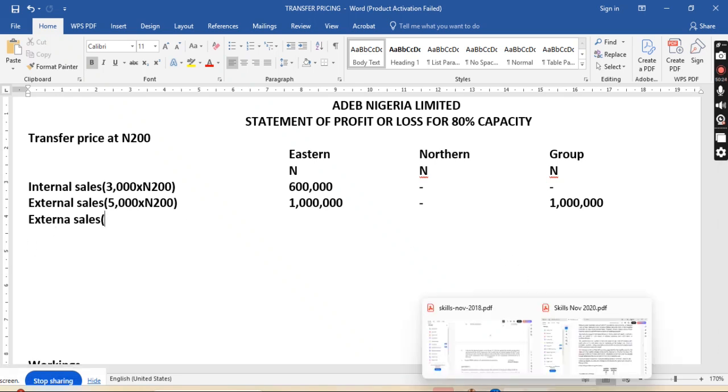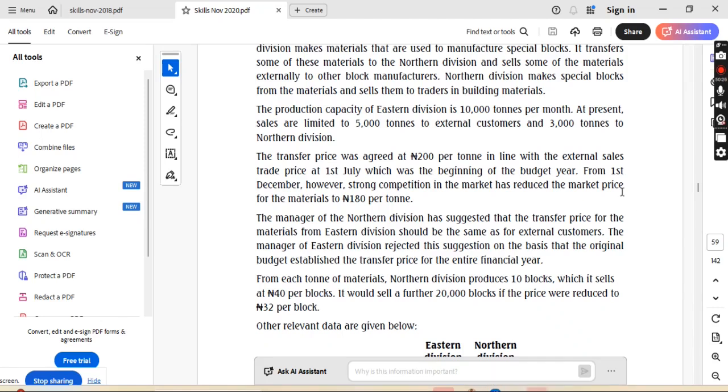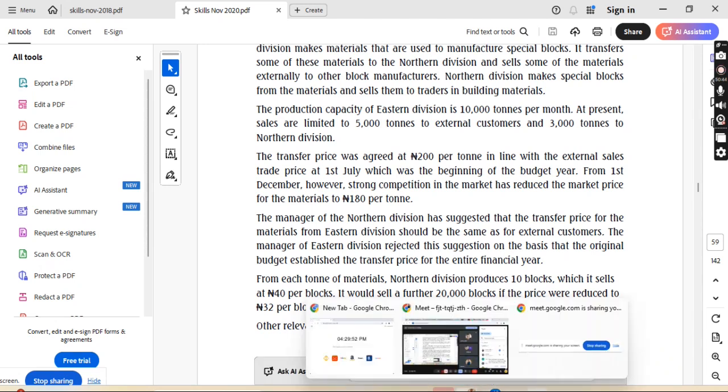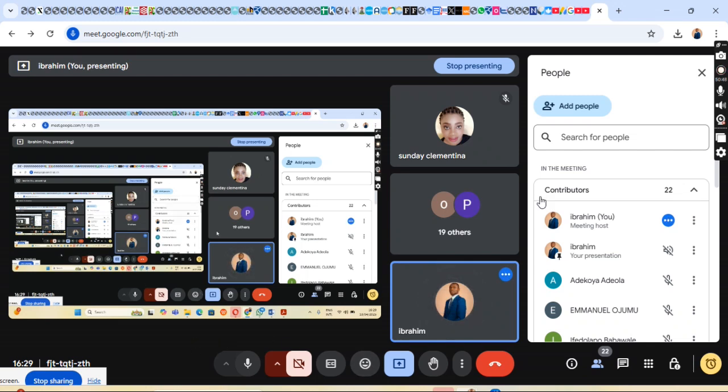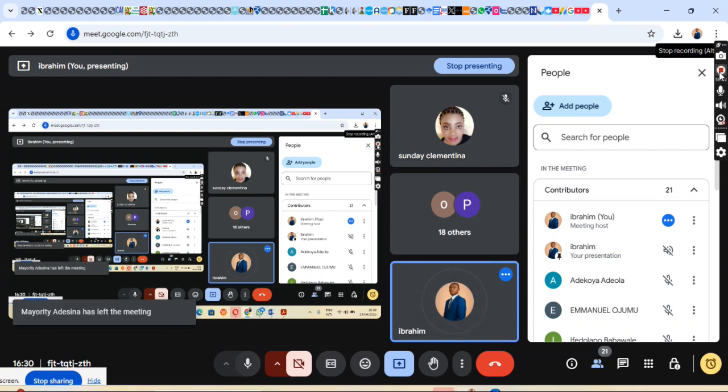Don't forget, class, that Northern buys this material, 3,000 tons, and converts it to blocks, right? Let me quickly create another link so we can continue. Sorry.